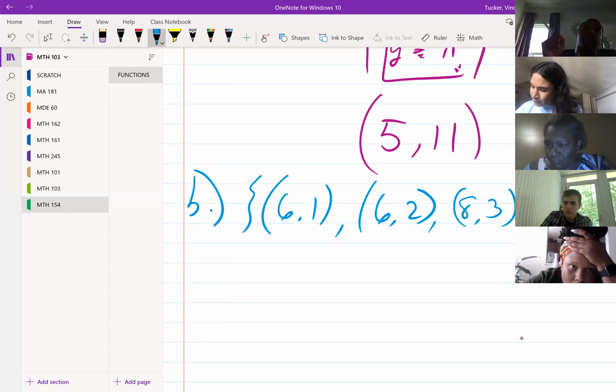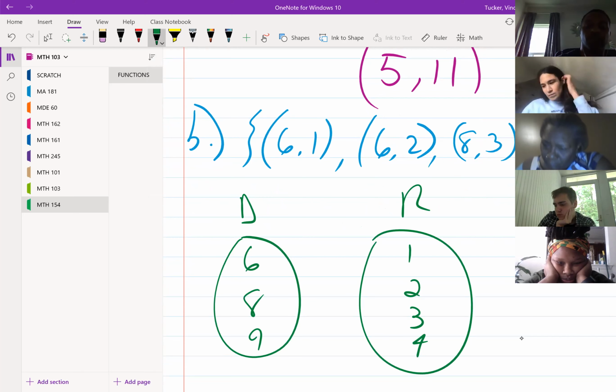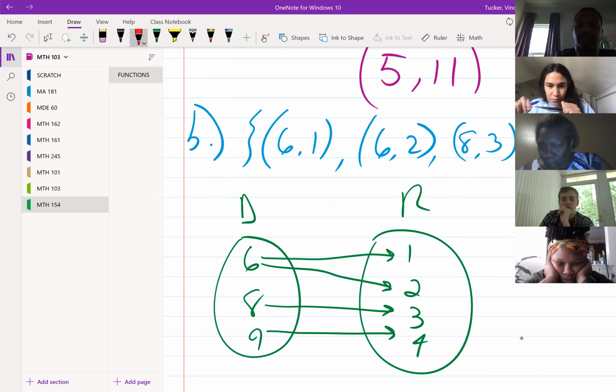If we create that same mapping and see the difference, the domain is 6, 8, and 9 this time. The range is 1, 2, 3, 4. Now if I do my mapping, 6 is going to 1 and 6 is going to 2, 8 goes to 3, 9 goes to 4. The red flag here is that 6 is going to 1 and 6 is going to 2. And that stops it from being a function.